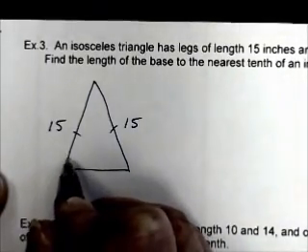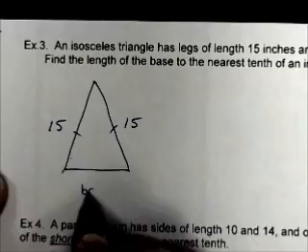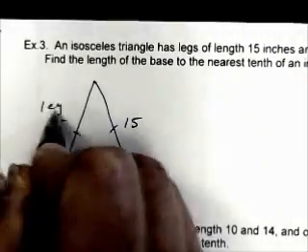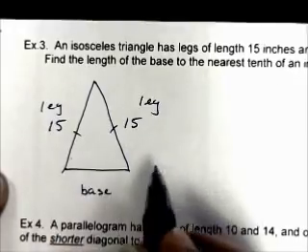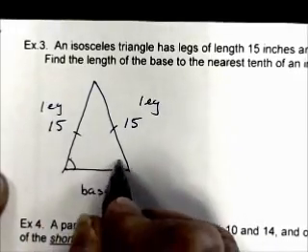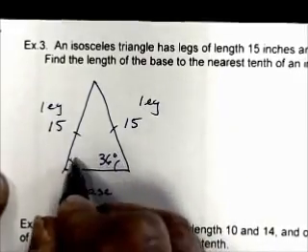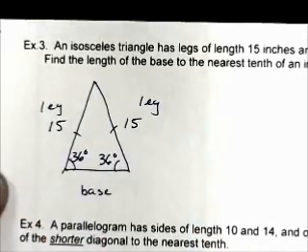Okay, so this is my base. These are my legs, in case you need a refresher from geometry. So our base angles are down here, and they are 36 degrees each. We want to find the length of the base to the nearest tenth of an inch.